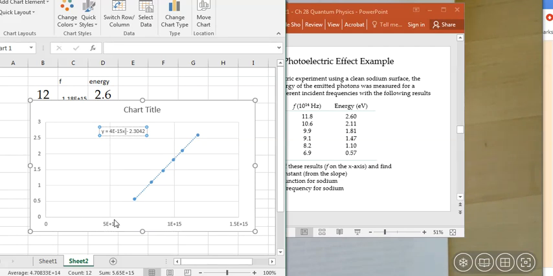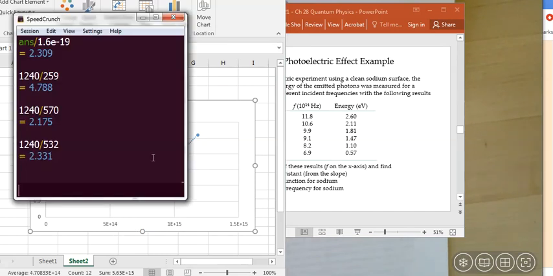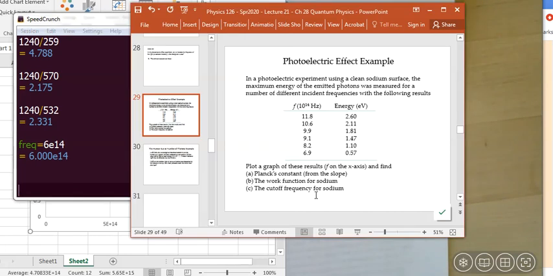So I'm going to guess that this is about 6 times 10 to the 14. If the frequency is equal to 6 times 10 to the 14 hertz, then the cutoff frequency is about 6 times 10 to the 14.